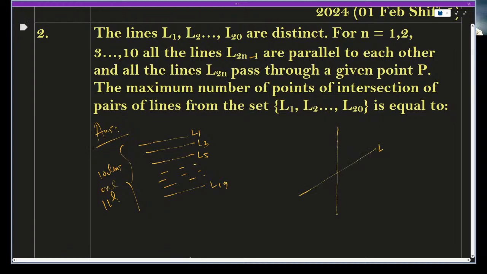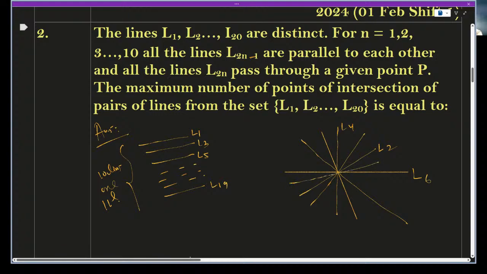They are going to intersect at a point: L2, L4, L6. This way all 10 lines. They intersect at one point only. How many have I drawn?